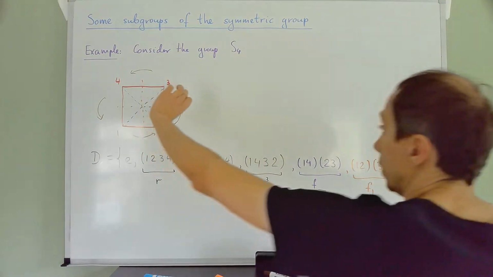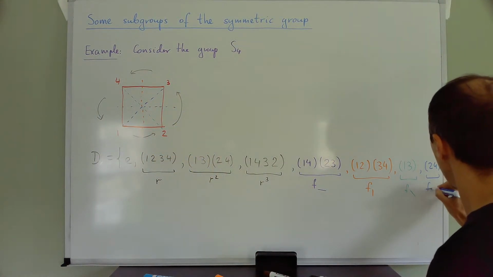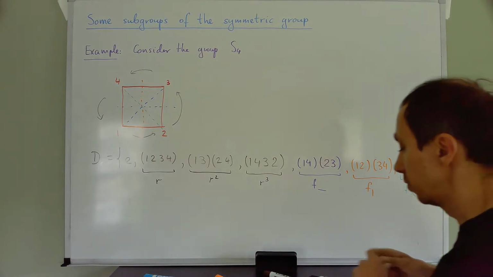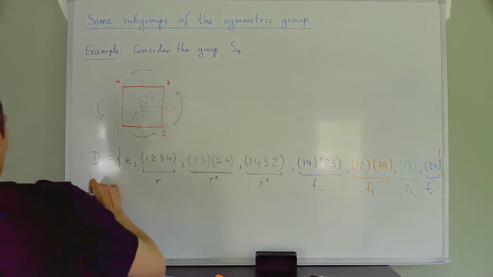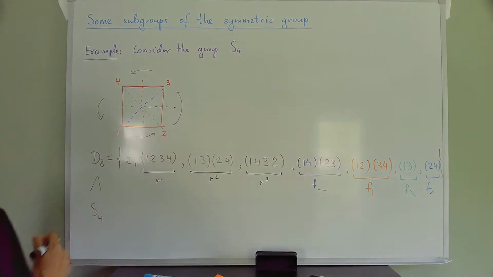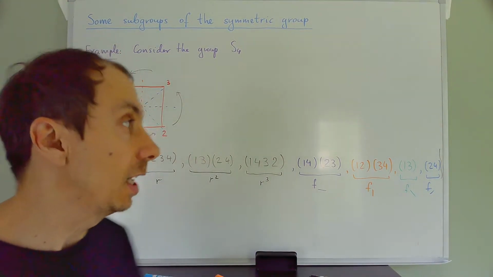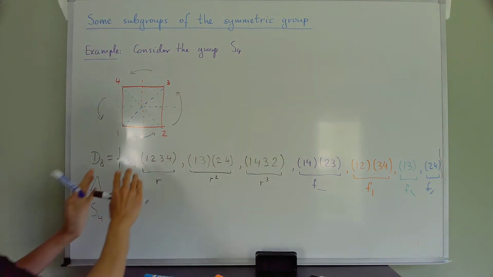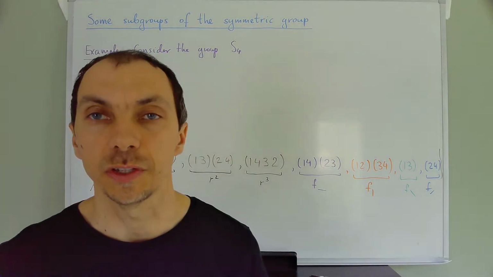So that fixes 1 and 3 and switches 2 and 4. Okay? So that gives me D8 as a subgroup of S4. Note, it's got 8 elements, of course, as D8 should, and these permutations represent the symmetries of a square.